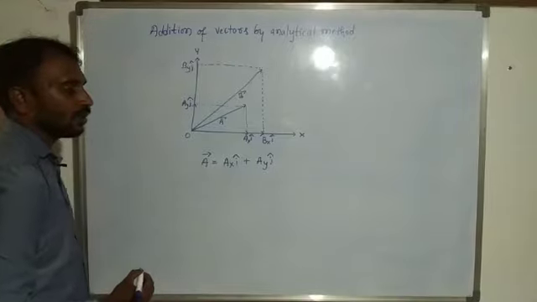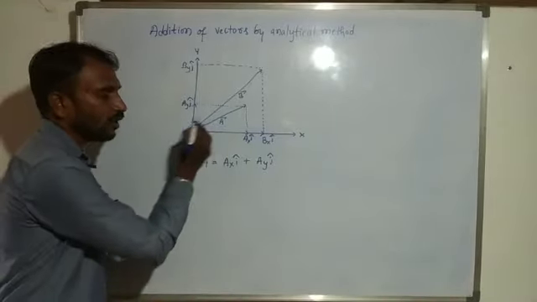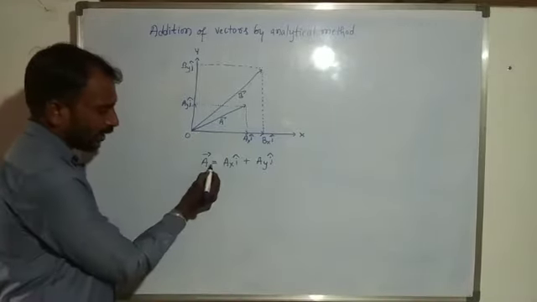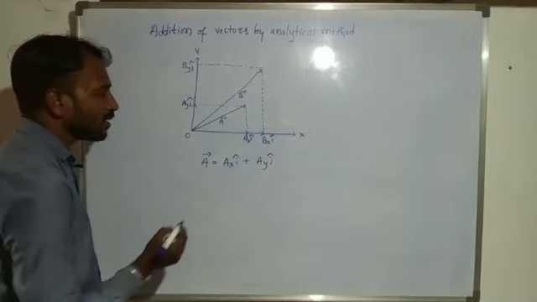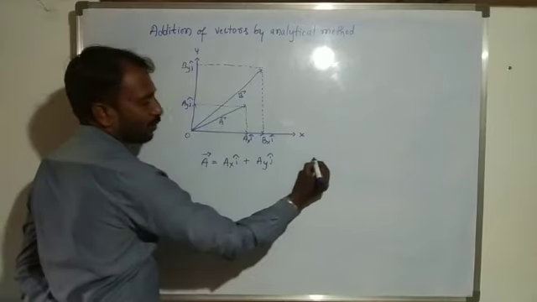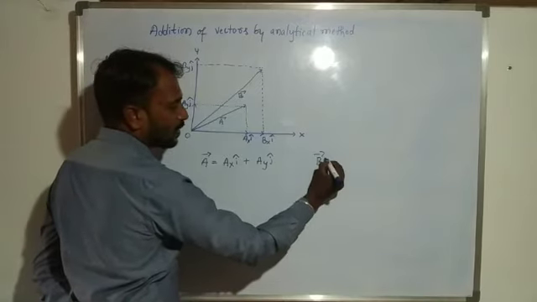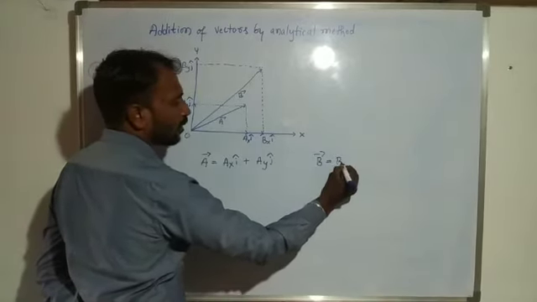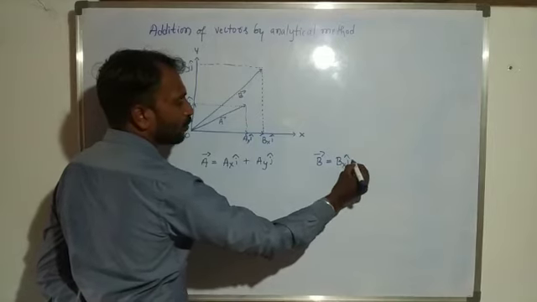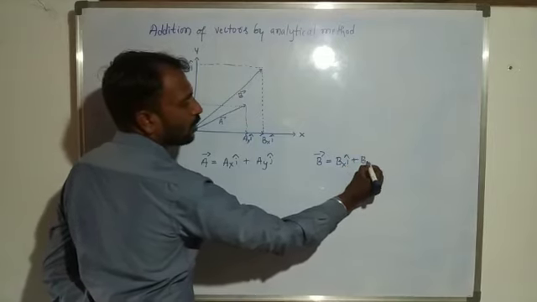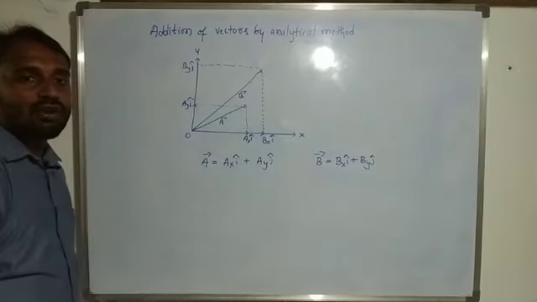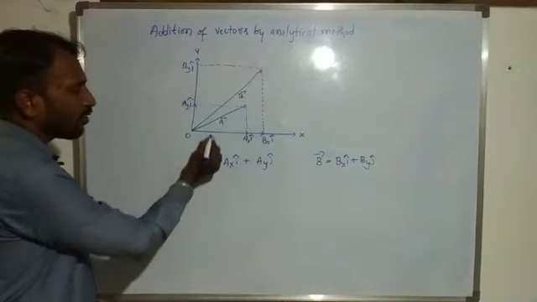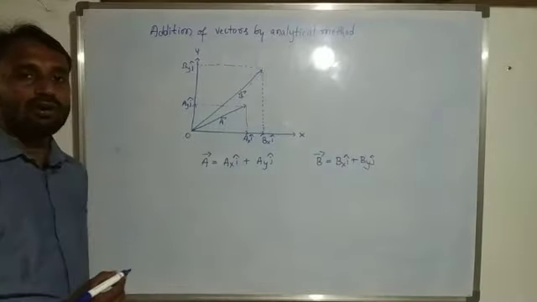Vector A is equal to Ax i cap plus Ay j cap. Suppose we want to find vector B. Vector B is equal to Bx i cap plus By j cap. These are the position vector of A and the position vector of B.